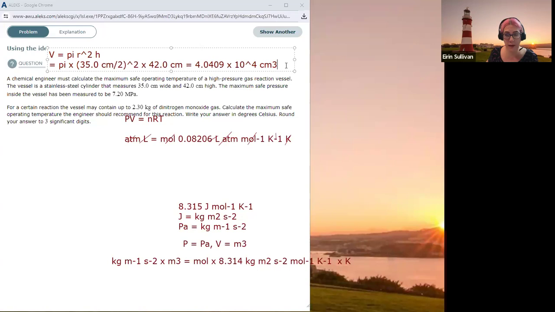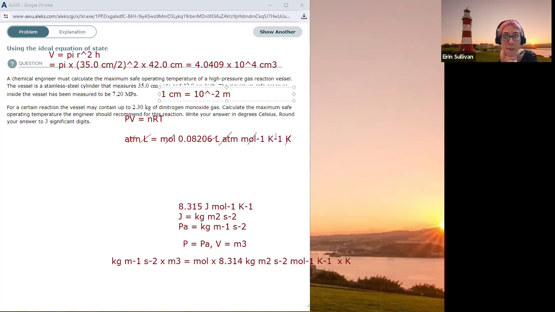You have to be really careful because we know that 1 centimeter is 10 to the minus 2 meters, because there's 100 centimeters in a meter.